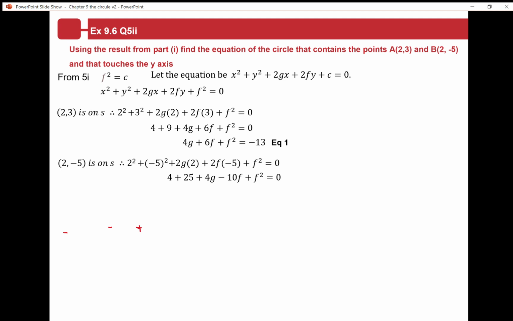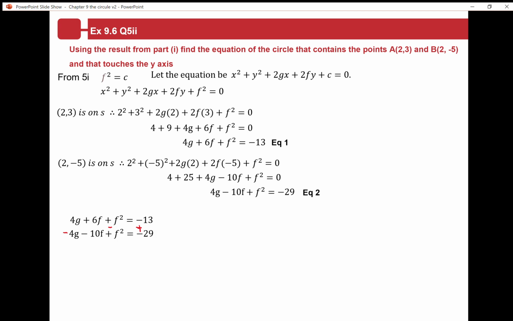This leaves us with 4 plus 25 plus 4g minus 10f plus f squared equals 0. Simplifying this and moving our constant to one side of the equation gives us 4g minus 10f plus f squared equals minus 29. We can now use equation 1 and 2 to solve for g and f simultaneously.